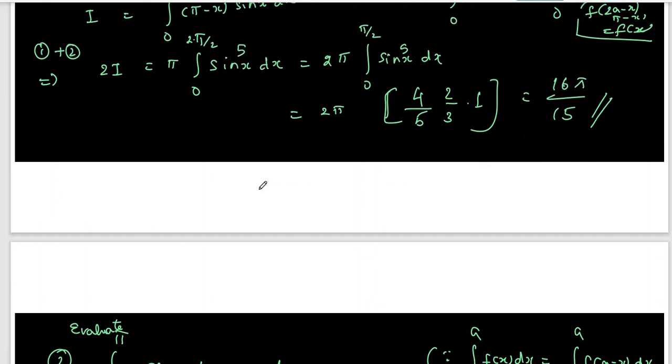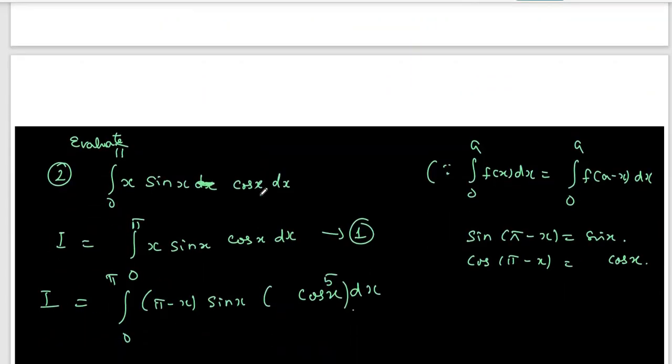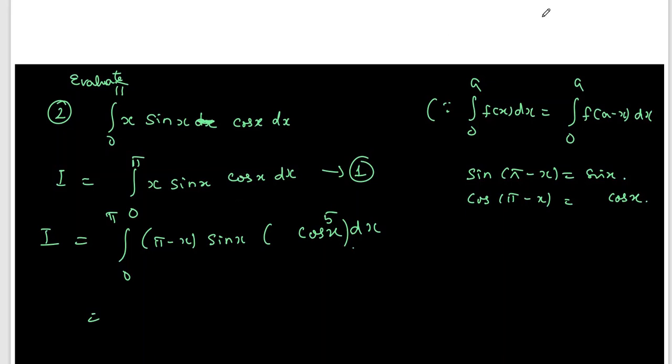Something similar to this, you have the next one. Suppose I have the integral of x sin^5 x cos^4 x dx. In this case, how are we going to evaluate this? Again x comes, so to avoid that we have to make use of this property.